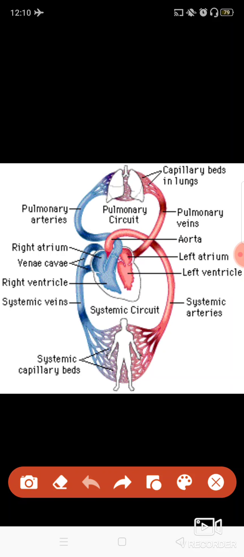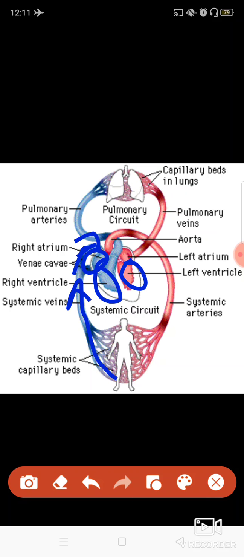In this circulation, the veins will carry the impure or deoxygenated blood to the vena cava. The vena cava will take the blood from these veins to the right atrium, to the right ventricle, and again from here, if you see here, the blood which is being brought by the pulmonary vein will move into the left atrium to left ventricle, then it will go to the aorta, and then it will be distributed to the body.